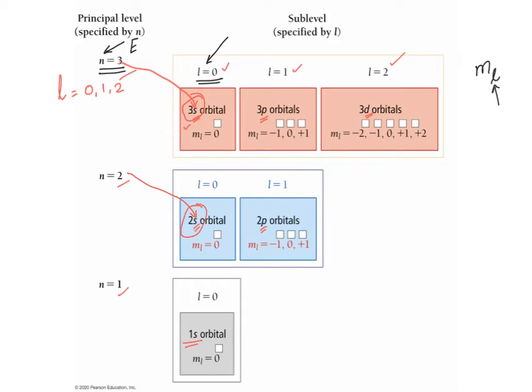The other pattern that you will notice is that for all s orbitals you have only one orbital, because there is only m sub l = 0. Remember, every m sub l is one orbital.